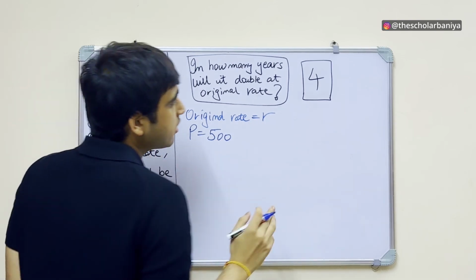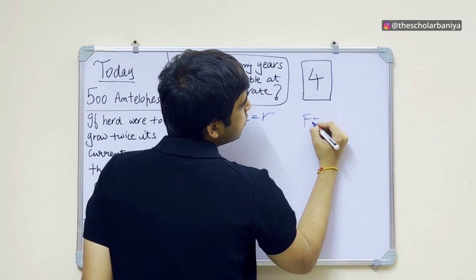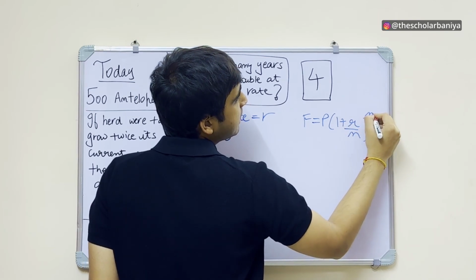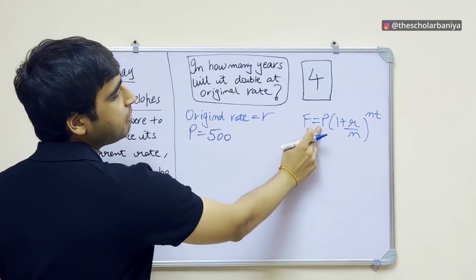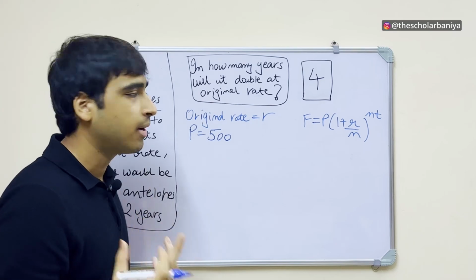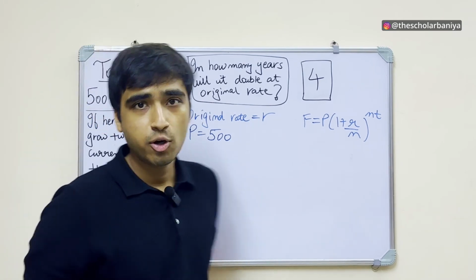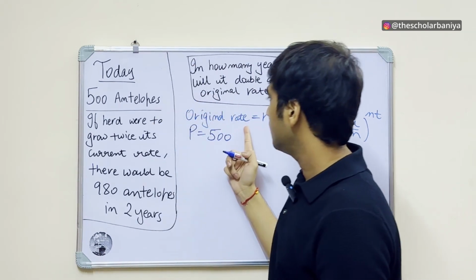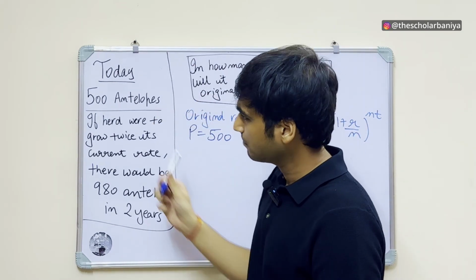You remember the formula? The formula was F = P(1 + r/n)^(nt), right? So P means the principal or the original amount. So P is 500, because today there are 500 antelopes present at the rate of r, right?